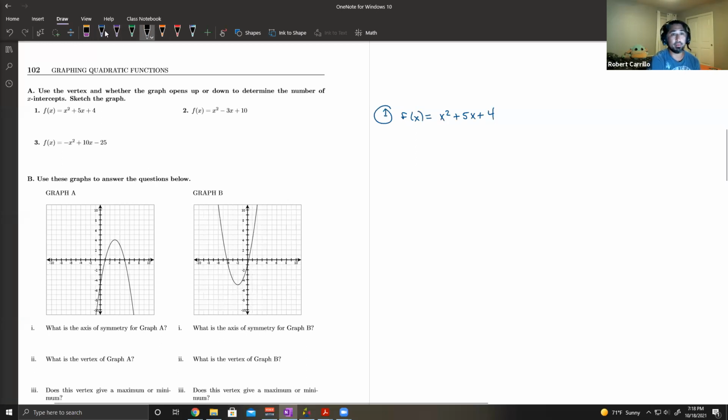And one thing to remember is we are comparing all of these to the standard quadratic function. All right, so the first thing we want to know is, does this parabola open up or open down? And to know that, we need to know what is the leading coefficient. So for our function x squared plus 5x plus 4, what is the coefficient on this x squared? 4.